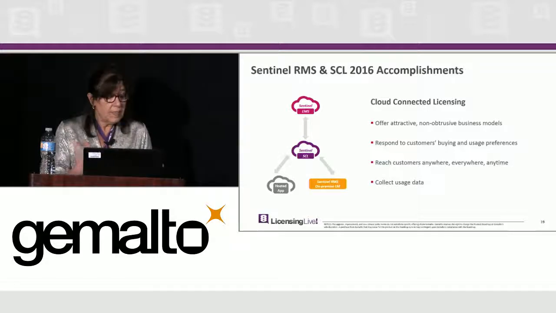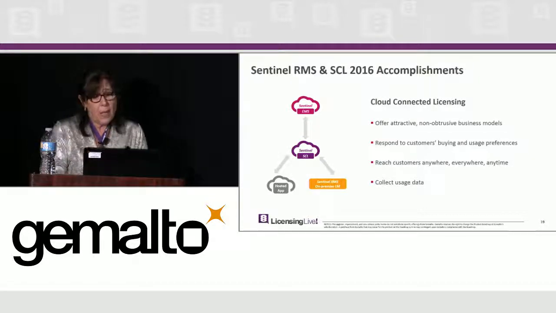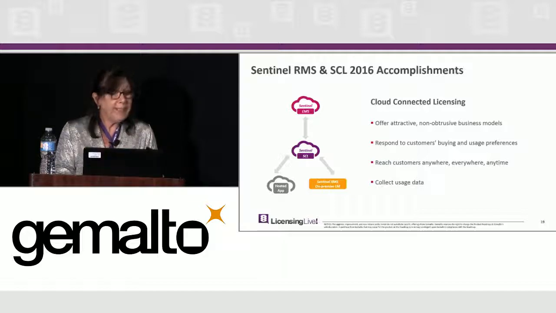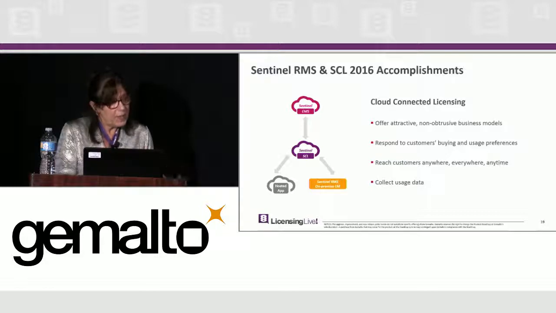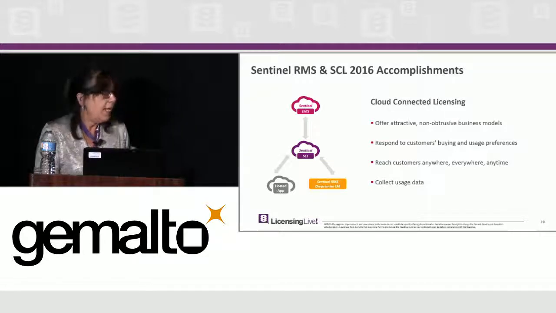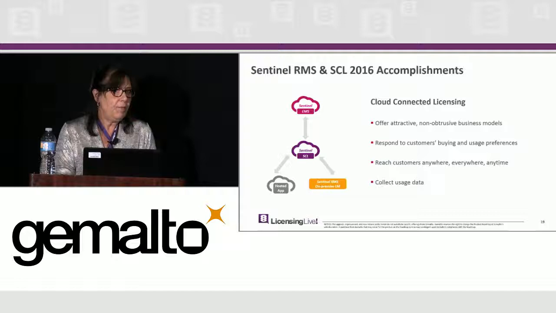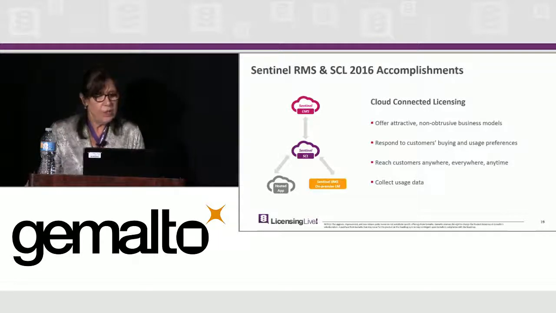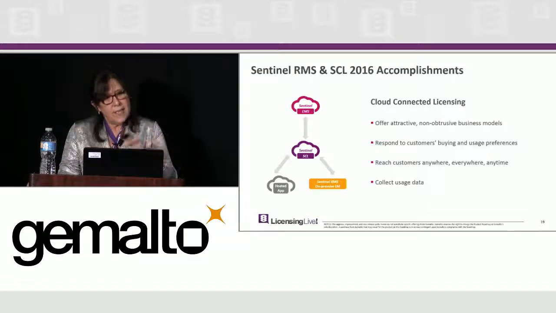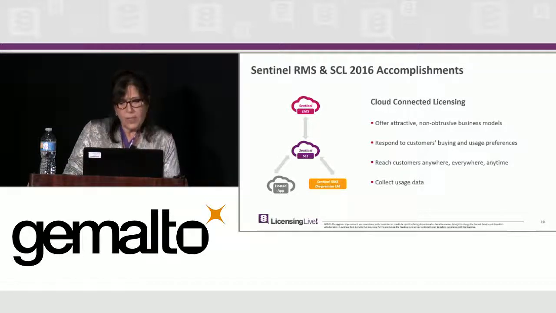Our first step, in the beginning of the year, was to offer what we called leased licenses, where licenses are deployed from the cloud on-premise and use a phone home mechanism, so to speak, where the RMS license server needs to connect to the Sentinel Cloud server to check that all licenses are current and up to date and to get license extensions and new license terms. So that was the first step.